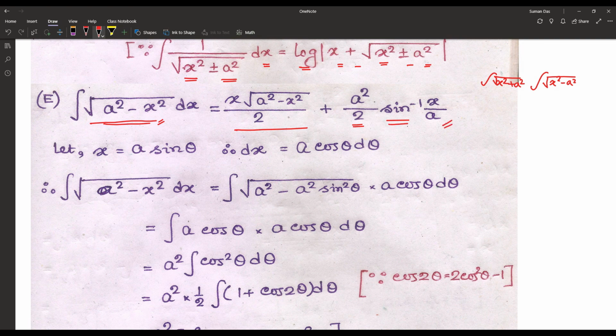To prove that, we choose x as a sine theta. So dx is equal to a cos theta d theta.